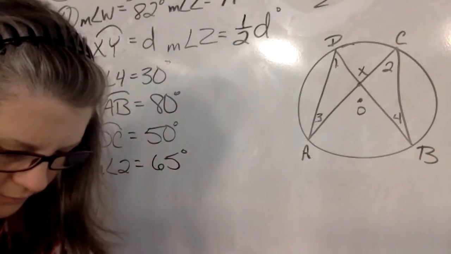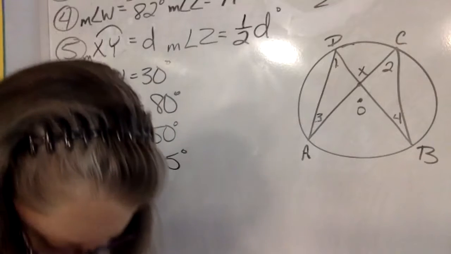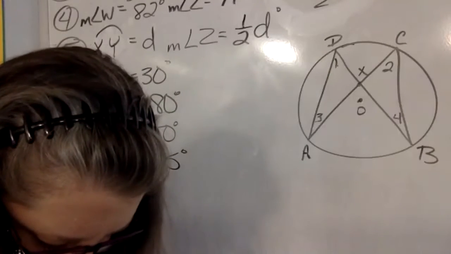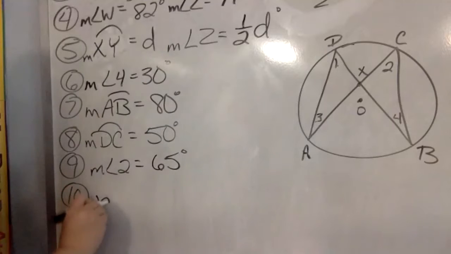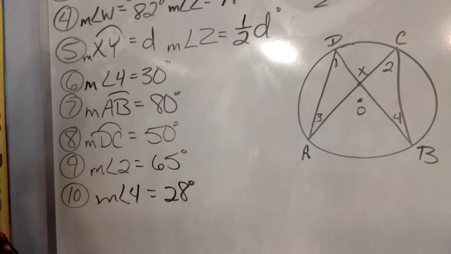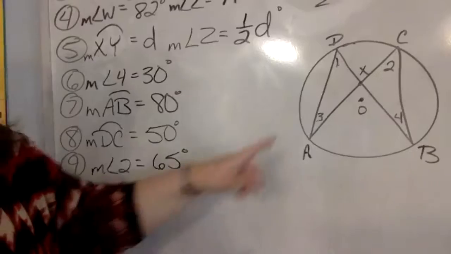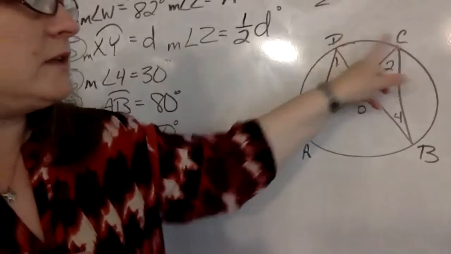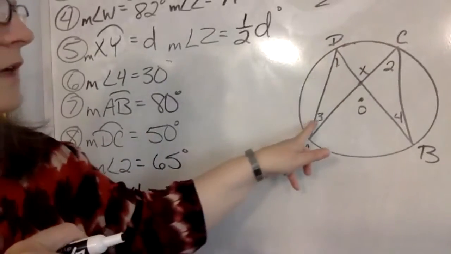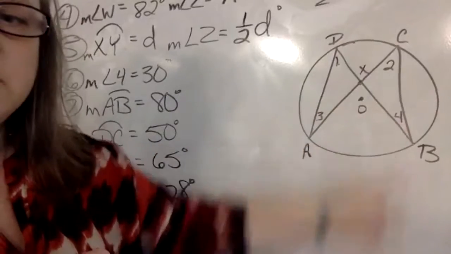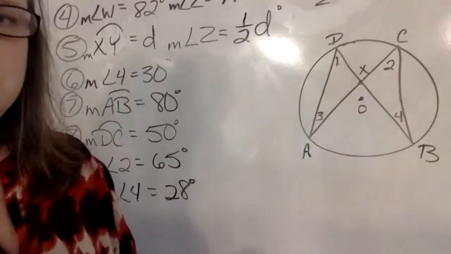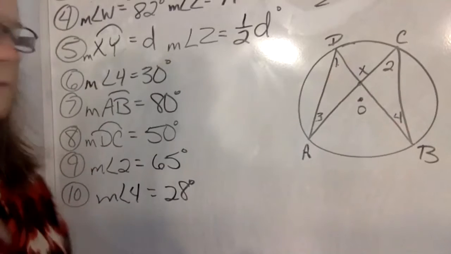If angle 3 was 28 degrees, the measure of angle 4 is also 28 degrees. If they intercept the same arc, then they're going to be congruent. So angle 3 is always going to be congruent to angle 4 in this picture. Angle 1 is always going to be congruent to angle 2 in this picture. Okay.